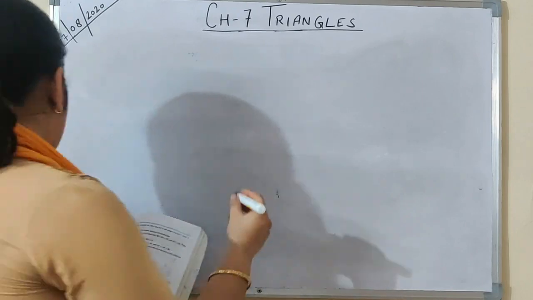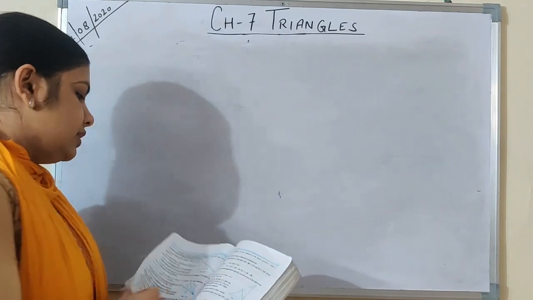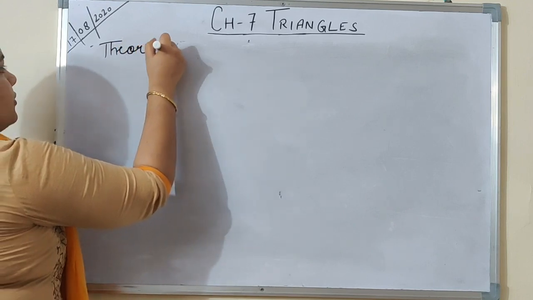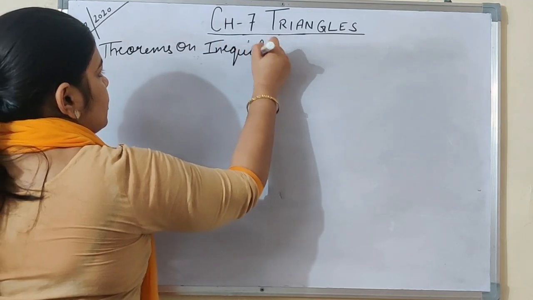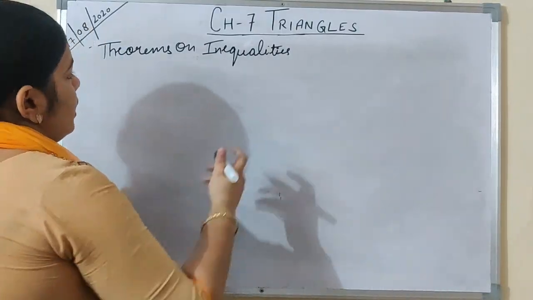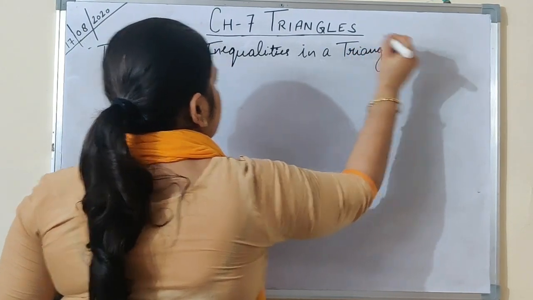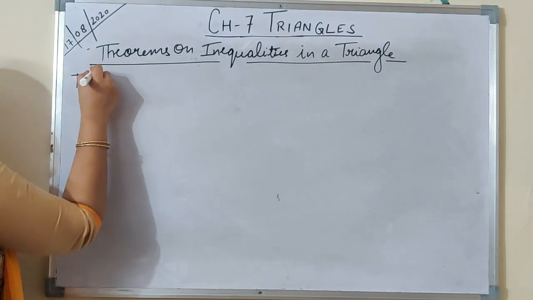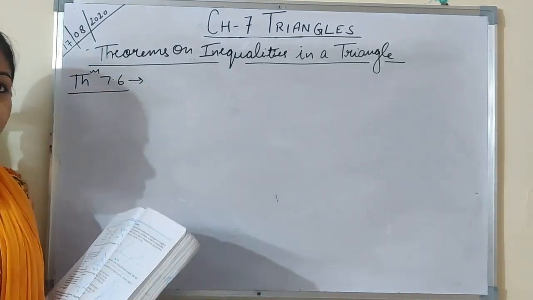So we are starting with theorems on inequalities in a triangle. Our first theorem, according to the book, is theorem number 7.6.